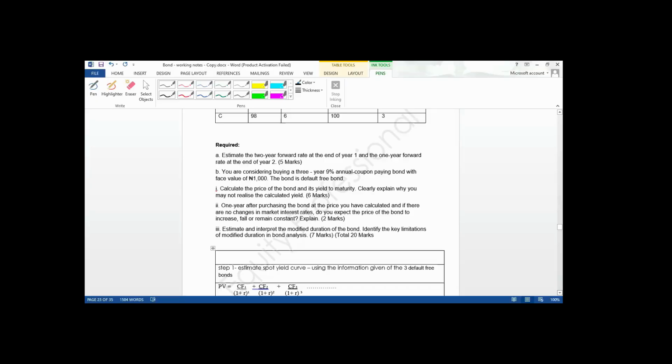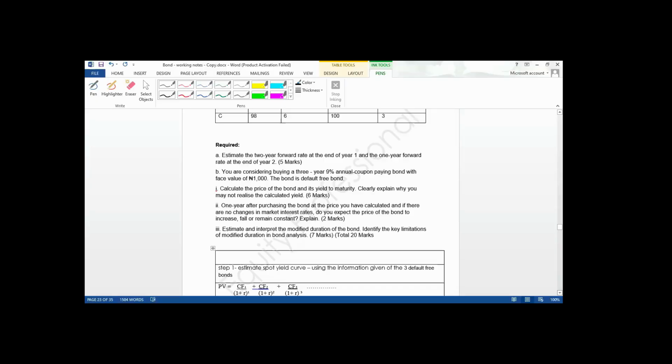We have calculated a price of 1,060 naira. And if there are no changes in market interest rates, 1 year after, interest rates remain unchanged, do you expect the price of the bond to increase or fall or to remain the same?